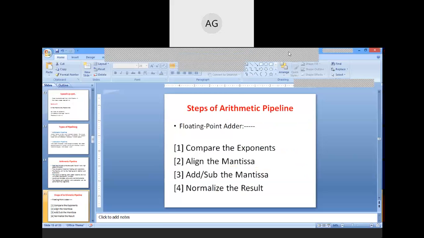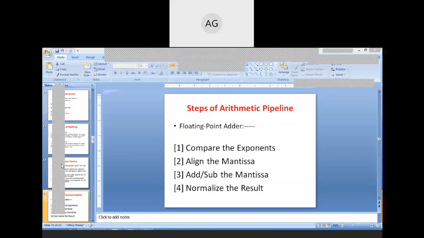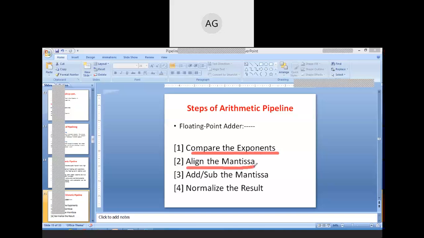These are the four stages or steps of arithmetic pipeline. In the case of the floating point adder, these are the four steps. First, we need to compare the exponents. Then in the second step, we need to align the mantissas. After that, we need to add or subtract the mantissas according to what is required.